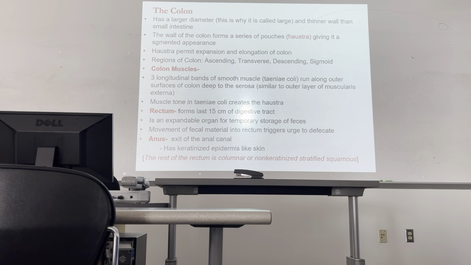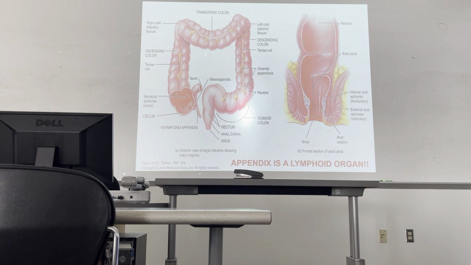Okay, next. We're now in the colon, and the reason it's called colon is because it has a larger diameter. It's not because it has a large job. Here, you should identify the parts of the colon in the cat, right? The first part is called the cecum. It's the one that connects with the ileum, and there's a valve there, an opening called the ileocecal valve.